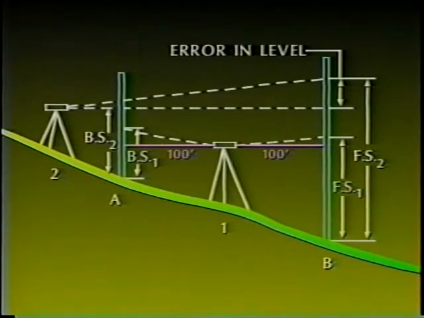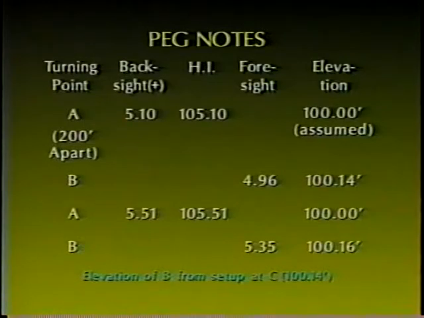As an example, the following illustration details the computations used in pegging a level. Assuming an elevation of 100 feet for point A with a backsight reading of 5.10 feet makes the HI 105.10 feet.